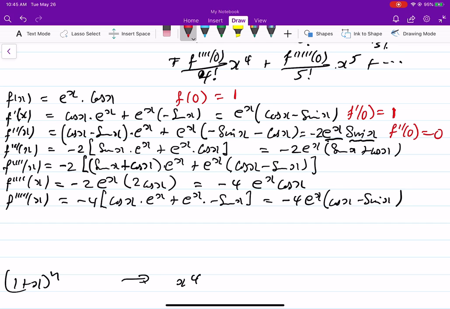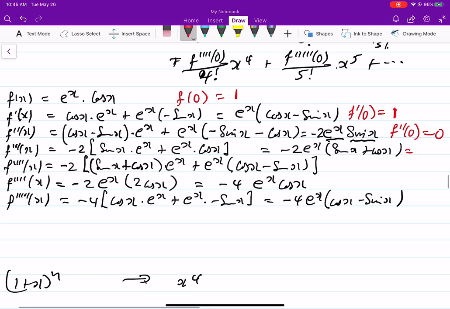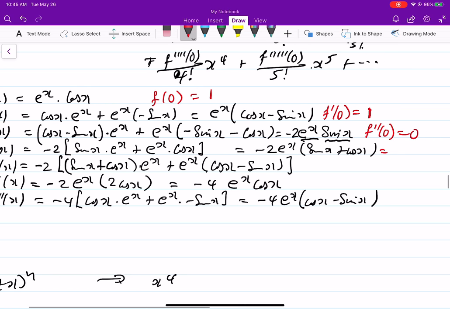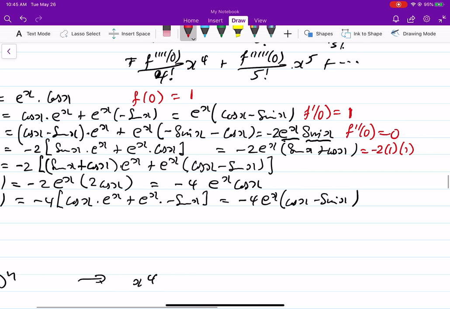The next line is f triple prime. F triple prime is equal to minus 2 times 1, and inside the bracket is 0 plus 1, which is 1. So this all gives me minus 2.